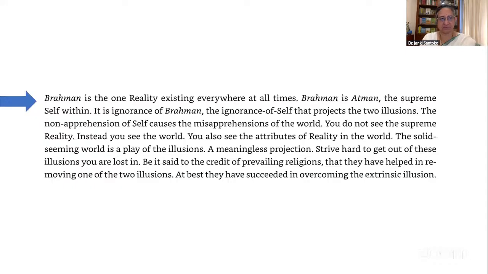Now, next paragraph. Who will read the next paragraph? Kalyan, read the next paragraph. I can't see the... Brahman is the... Wait. The same phenomenon, there's an extrinsic illusion as well.